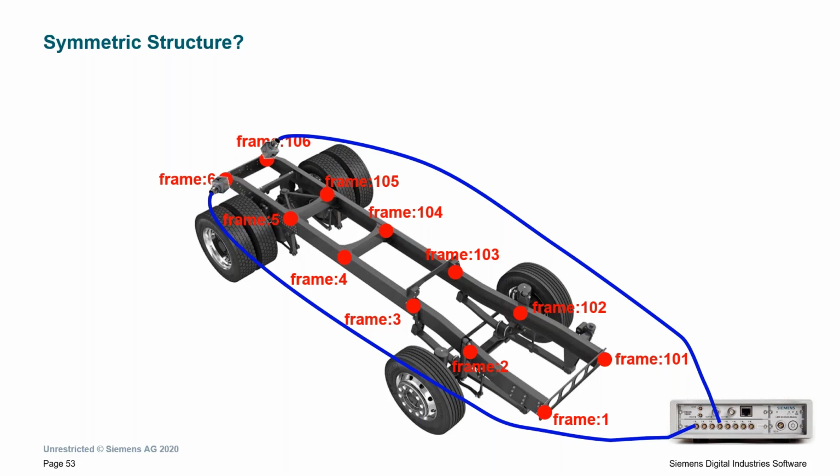I don't want channel 1, say, on the right wing and channel 2 on the left wing. I might have channel 1 and 2 on the right wing, or the first 50 channels on the right wing and the next 50 channels on the left wing. I gotta have some way of keeping track of where these channels are in case the channel goes bad or I get a poor FRF measurement. I need to know where that is, and it helps to have some kind of plan to lay these accelerometers on a structure.